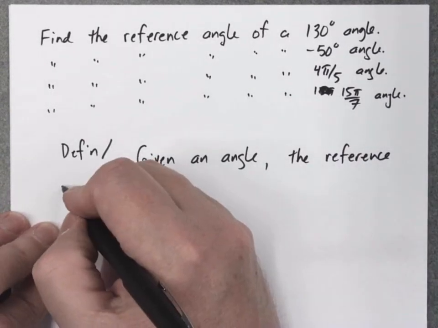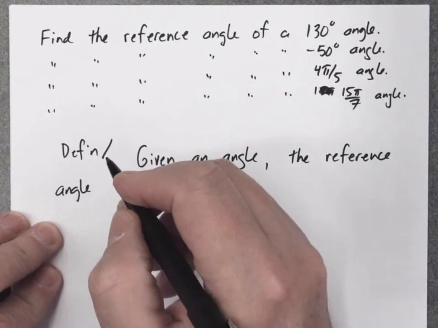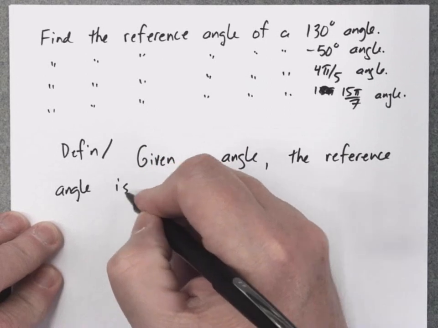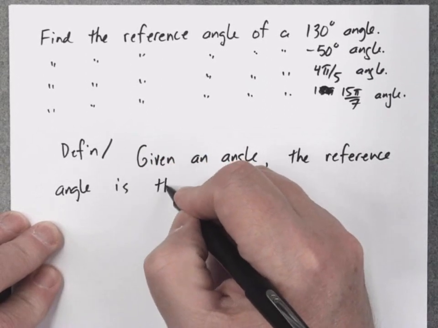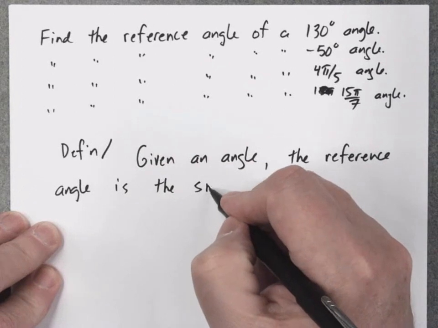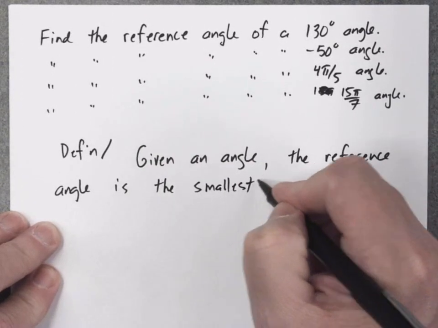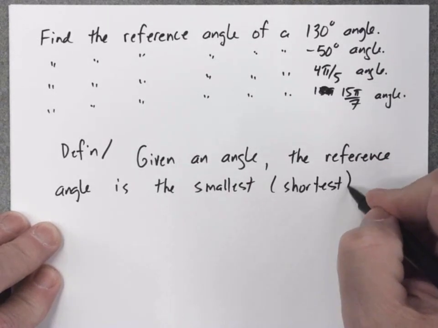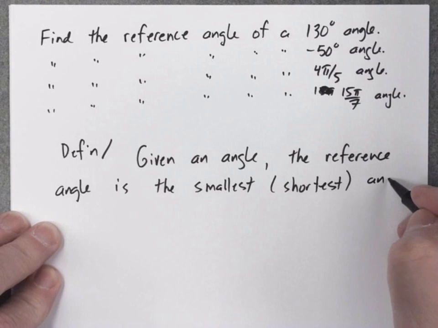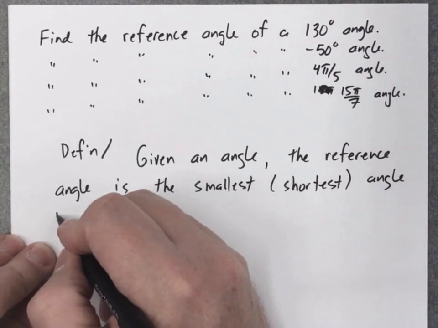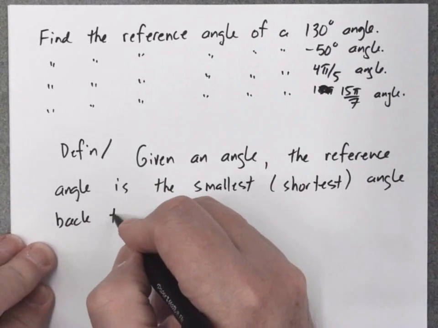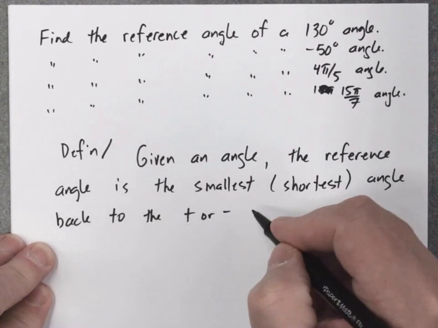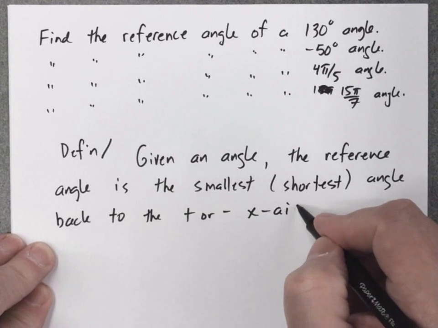The reference angle is the smallest, or maybe you can think of shortest, angle back to the positive or negative x-axis.